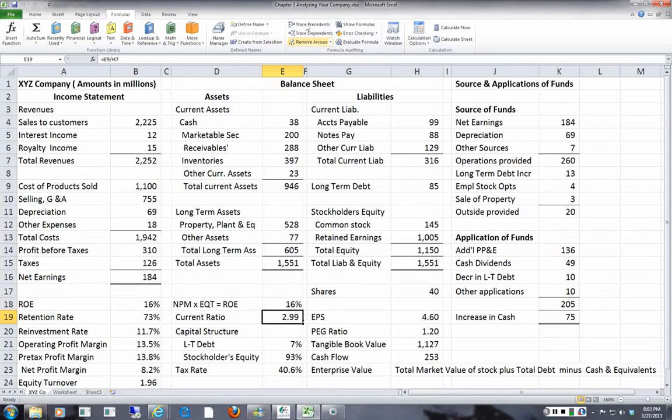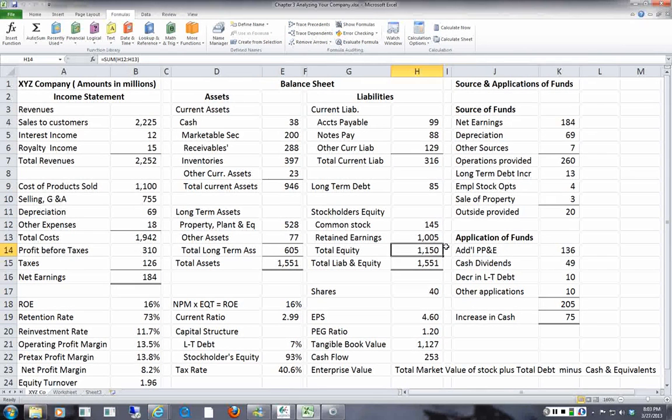Current ratio, you all know that. That's current assets divided by current liabilities. And they've got a 2.99, which is really, really good. Capital structure. What they do here is they take the long-term debt and add it to the total equity of 1,150.